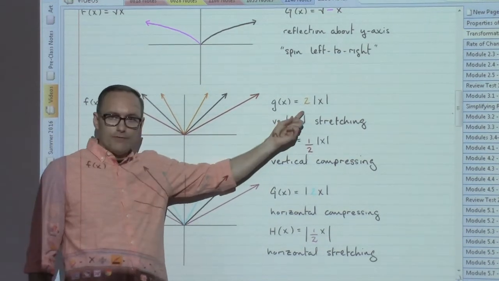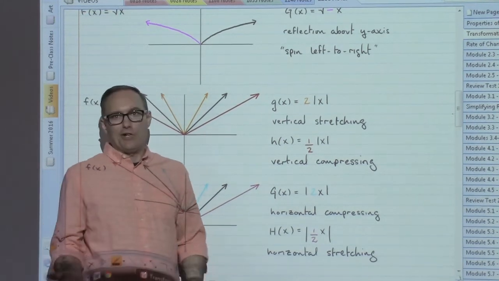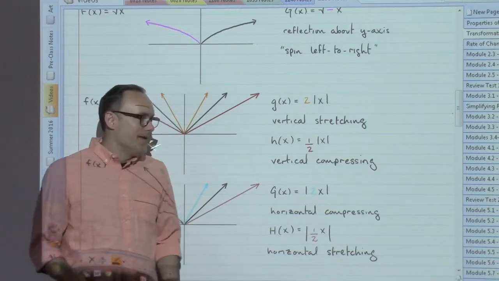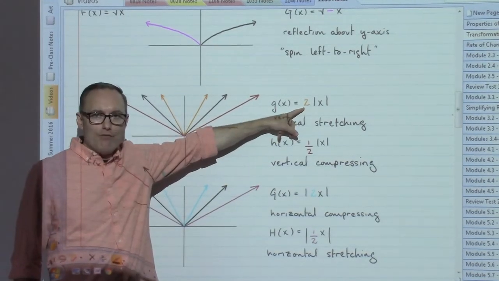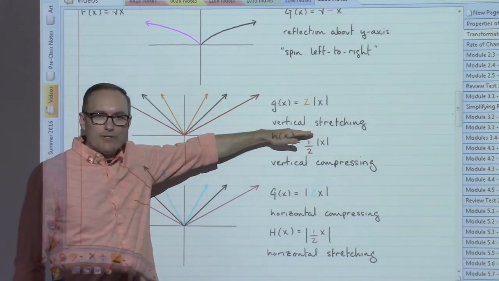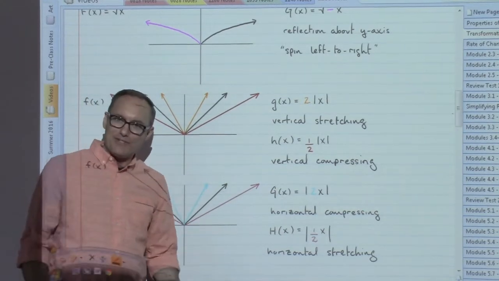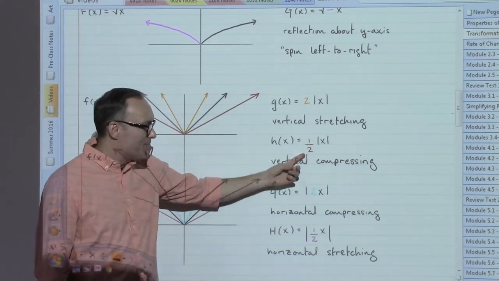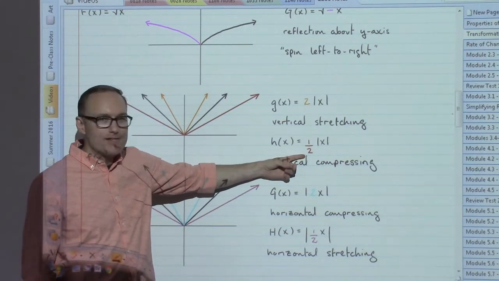Hey, instead of double, triple, okay, cool. But there are lots of other numbers that we could have show up. That'd be a lot weirder to try to talk about. What's going to happen if we throw a 7/5 out in front instead of a 2? Well, it would still be a vertical stretch, but beyond that, we don't have a nice description. Oh, what if we threw in a 3/11 instead of a 1/2?